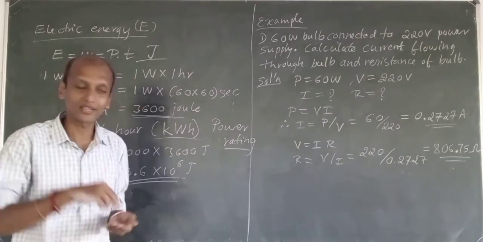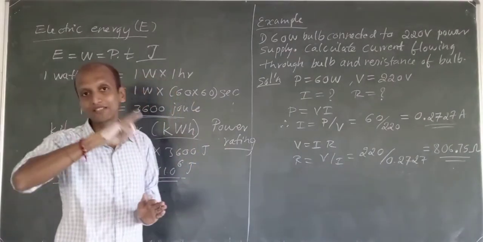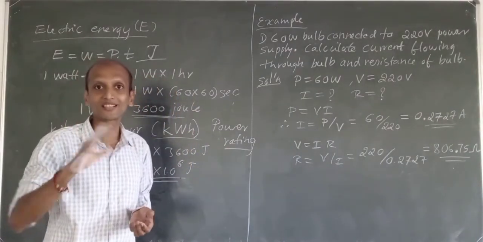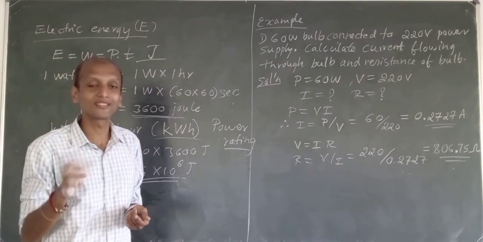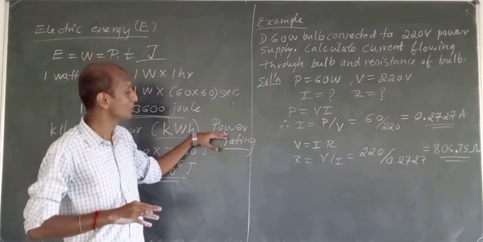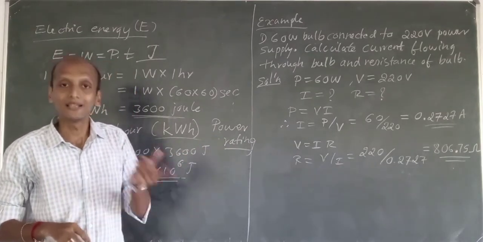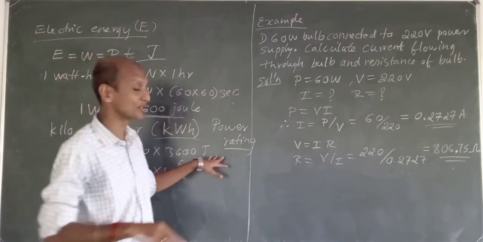Usually in fridges there will be a star rating, 5-star rating, 4-star rating, 3-star rating, and that is all about the power consumption. It will be written over there. So power rating is the amount of power that a particular device is consuming.